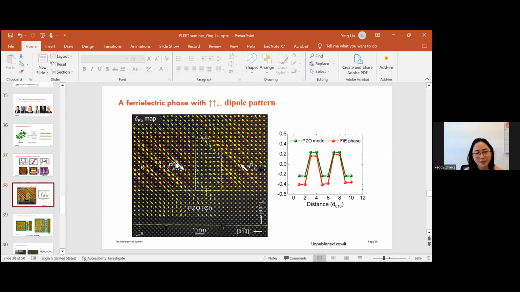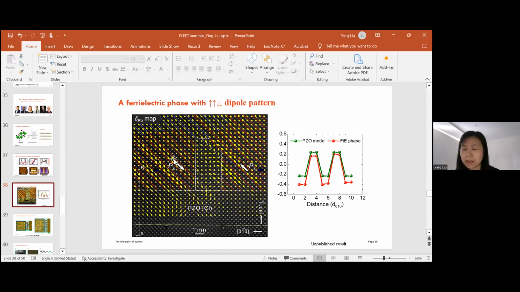When it goes to smaller size, I grew a film of about 10 nanometer, and we found that it's more or less ferroelectric phase.